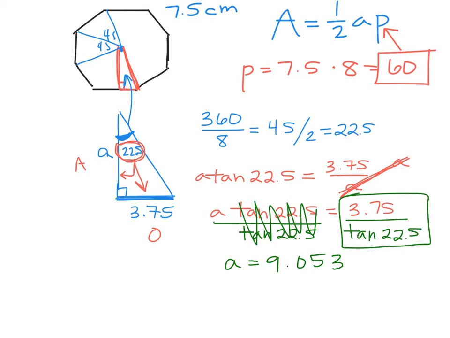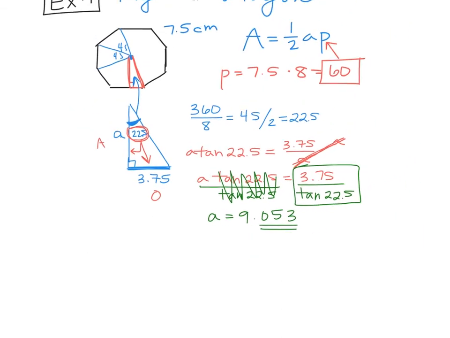You cannot round to the nearest tenth right now. If you round to the nearest tenth for your apothem, then your answer to the nearest tenth will be wrong. Okay, so either do the process where you leave this in your calculator and call it answer, or you need to round to 3 decimal places. You can do it either way. Okay, if you want to just leave it in your calculator, leave it in your calculator.